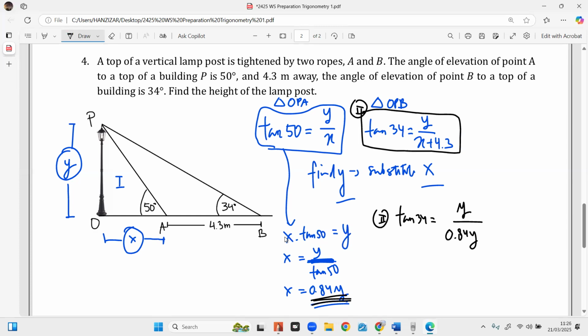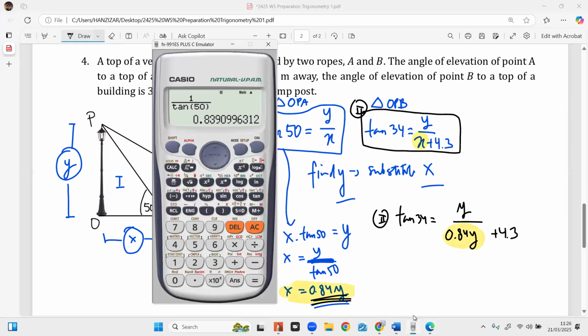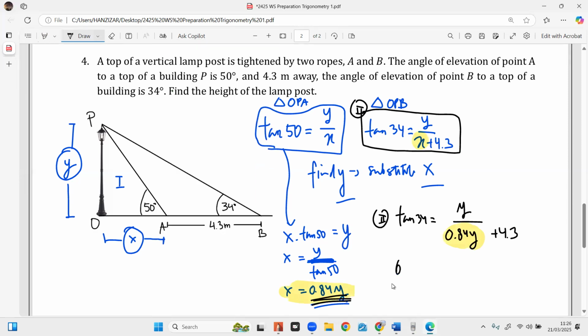You just substitute X by 0.84Y, which is from here, and then plus 4.3. And we can get tan 34, write down tan 34, 0.675 or 0.67 itself, times the bracket 0.84Y plus 4.3, right? Because Y over 1 equals Y.